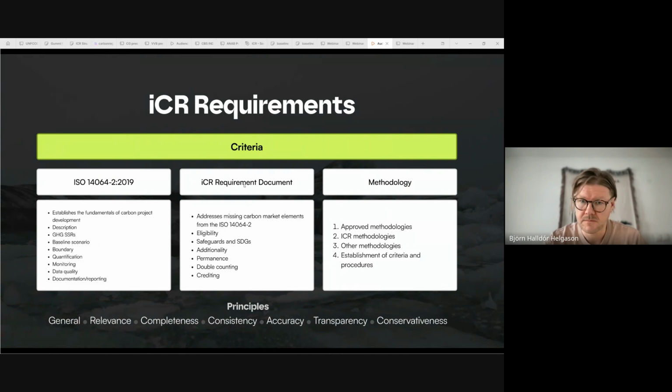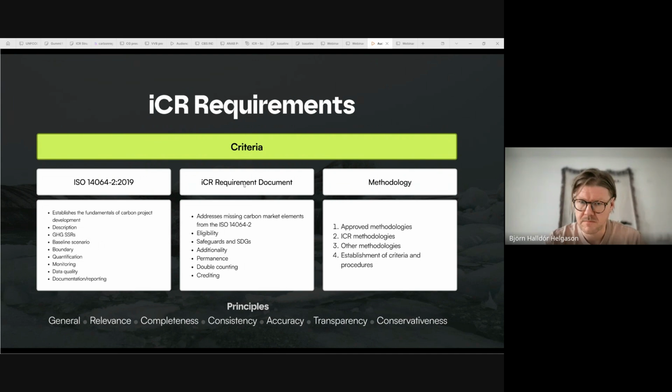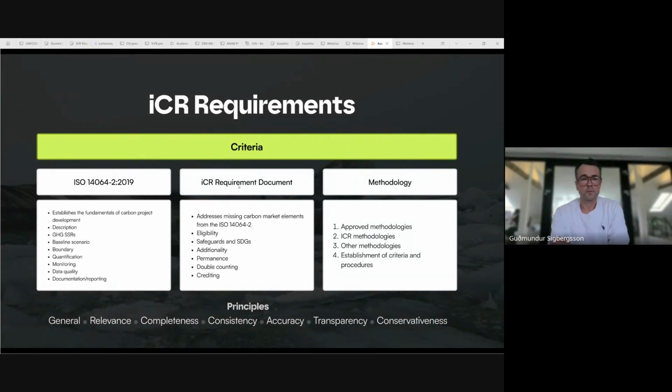Generally, the principles are governed by the carbon principles: relevance, completeness, consistency, accuracy, transparency, and conservativeness.